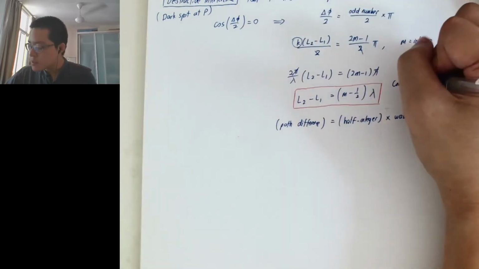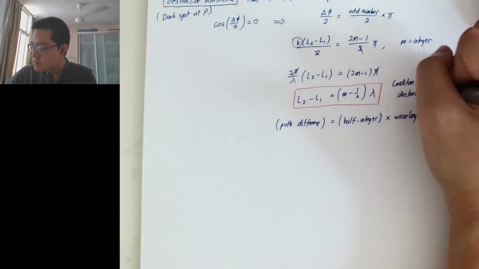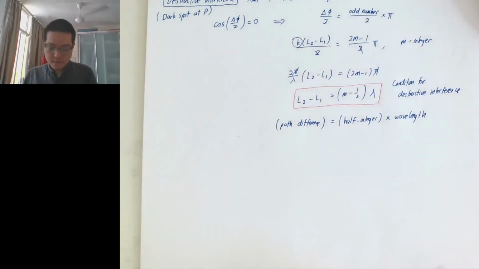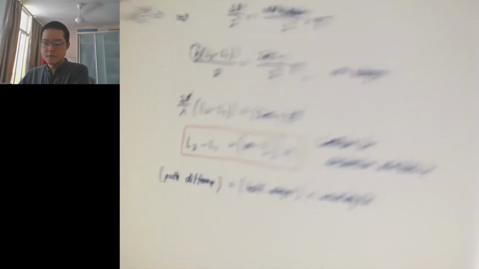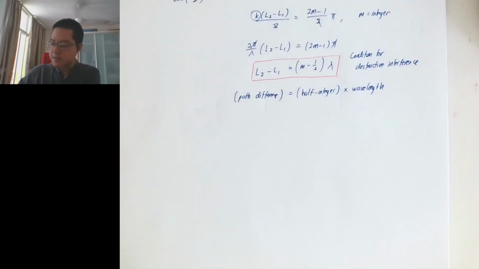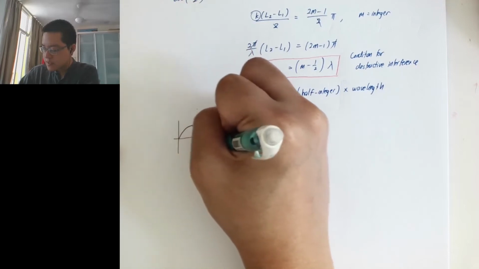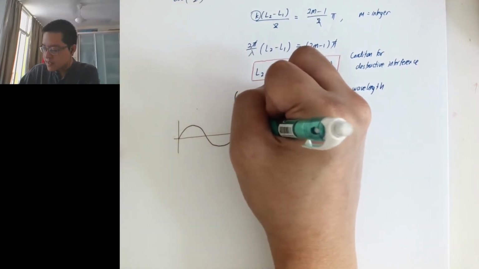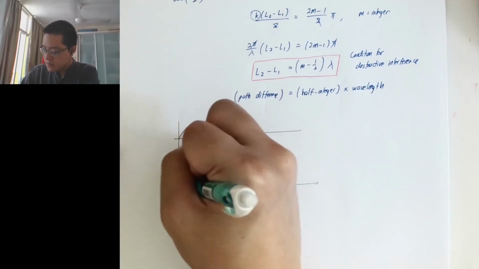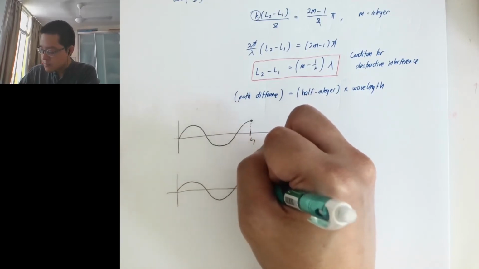So this is the condition for destructive interference. How does it look? Half integer means, let's say I have my wave 1 maybe here, and the distance traveled is L1, and then I have the second wave, something like this, and I continue on.